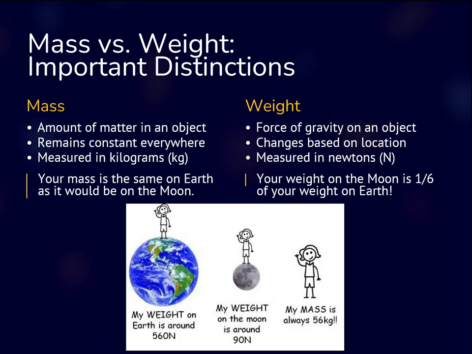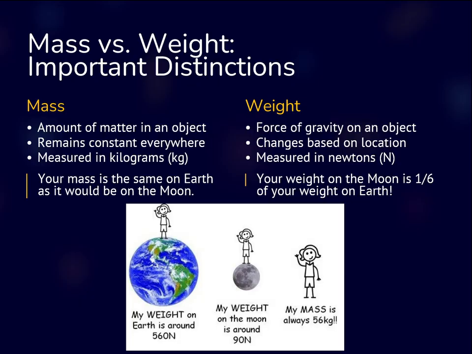Our pumpkin has a mass of 5 kilograms. On Earth, its weight is calculated by multiplying its mass by Earth's gravitational acceleration. So weight is going to be equal to m times g here, which is 5 kilograms multiplied by 9.81 meters per second squared, which comes out to be about 49 newtons.